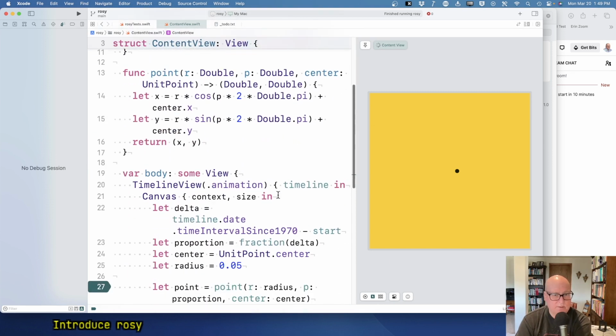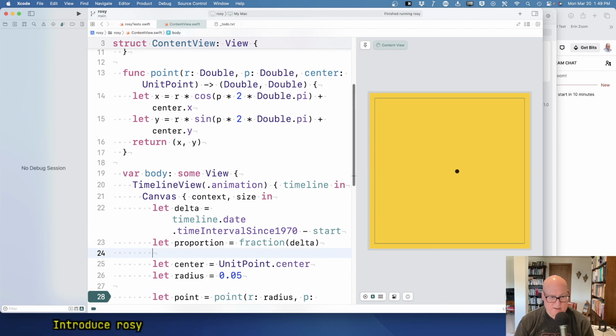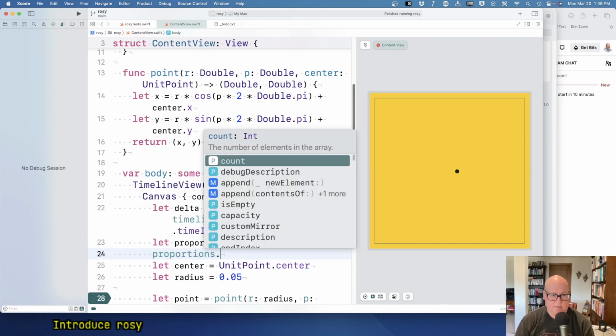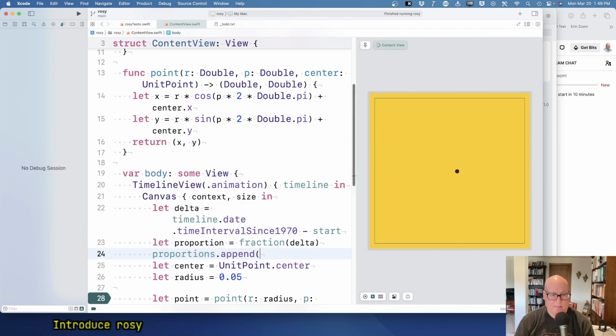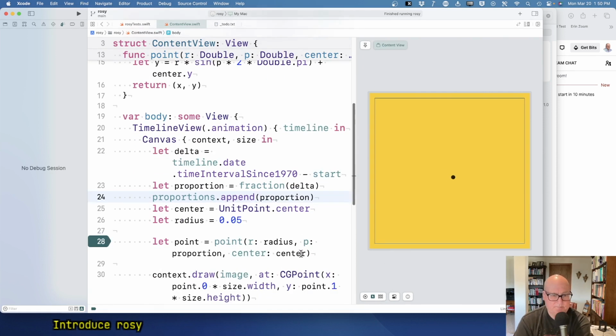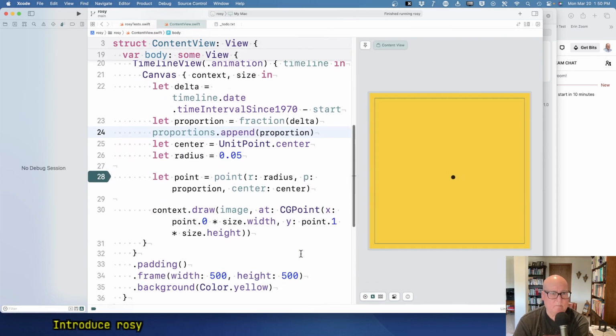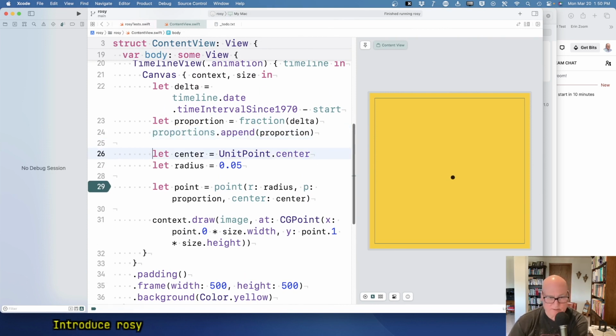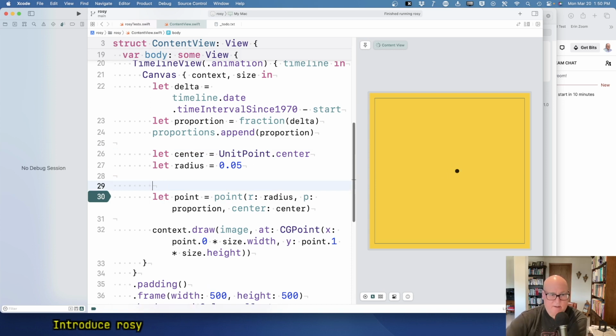So what we do is when we get a delta, let's add that proportion to that list. Now these I'm saying are fixed.